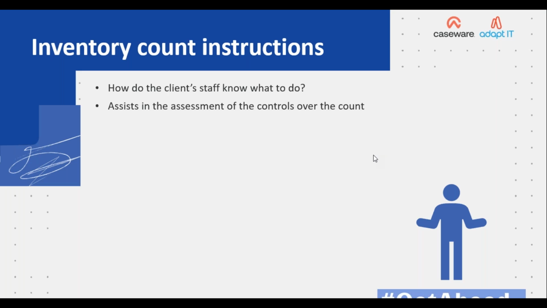Now, first of all, the question that we usually ask ourselves as a first year or second year: how do the client staff know what to do? Usually, written instructions will be provided by the management at the client.